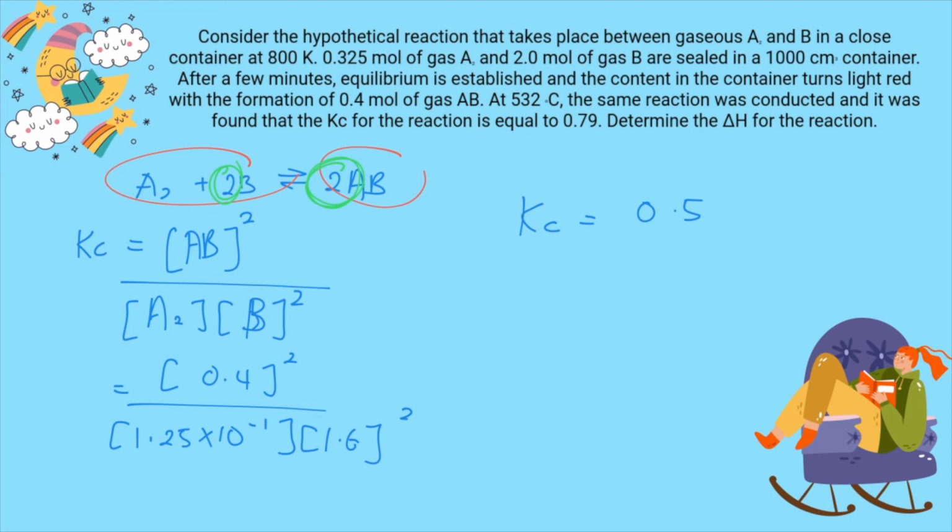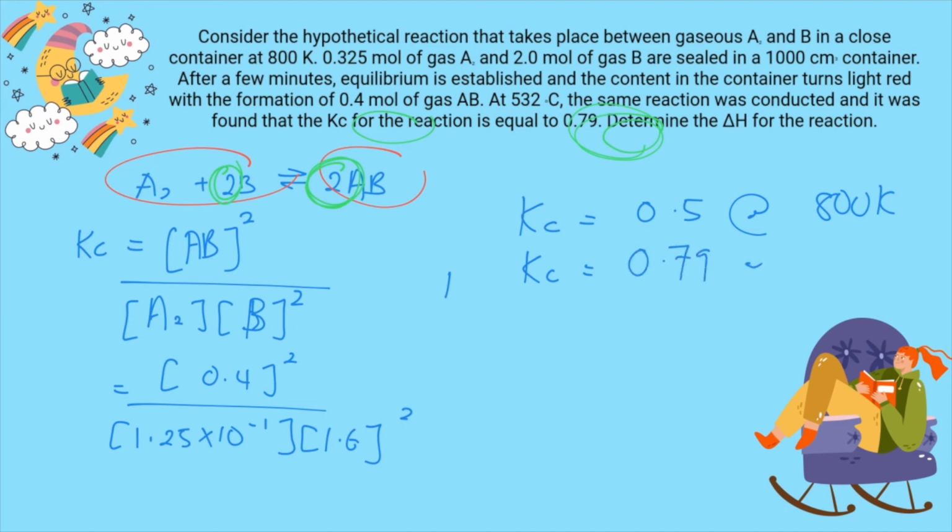So you can see that you have another value of Kc, which is 0.79. We can say that this Kc is at 800 Kelvin. So you have another Kc equivalent to 0.79.